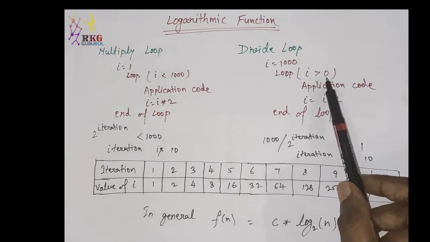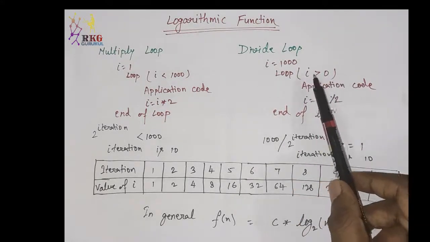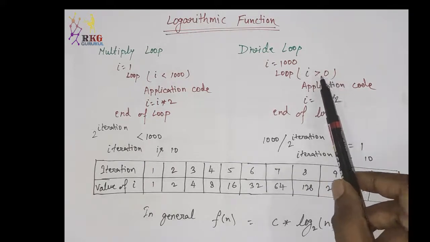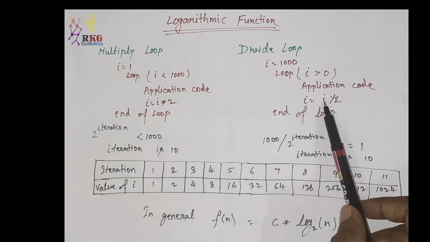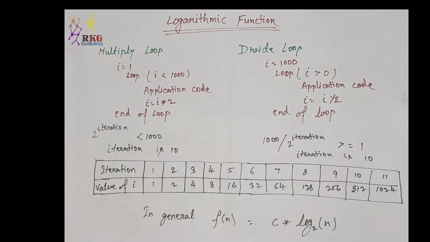Or this is a divide loop: I is equal to 1000, while I is greater than 0, I is equal to I divided by 2. So how many times is the application code going to run in the multiply loop and in the divide loop? The question is, how are we going to calculate that?